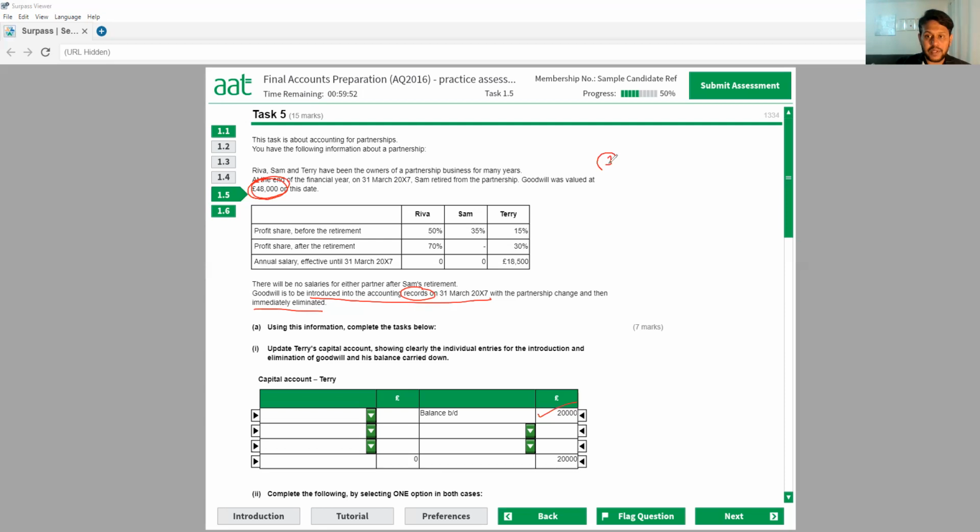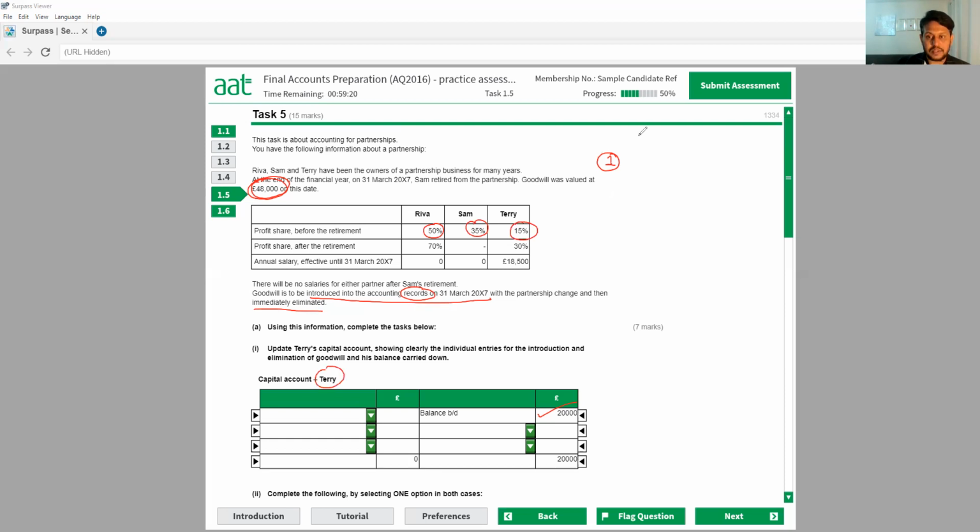For Terry, goodwill is a debit because we need to increase the amount for the goodwill. How much is the old ratio? The old profit ratio is Riva 50%, Sam 35%, and Terry 15%. So looking at Terry, 15%.